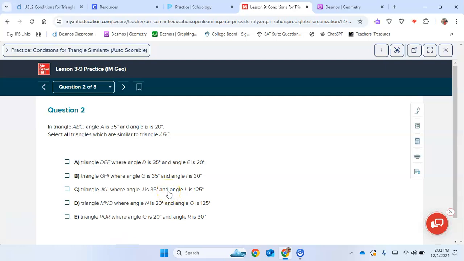So which ones are similar if they have two of the same angles? So 20 and 35, that's similar. There is no angle 30. 35 and 125, we just showed that. 20 and 125, yep. And 20 and 30, again, there is no angle 30.